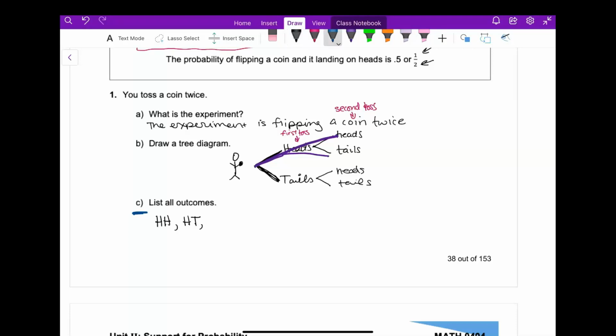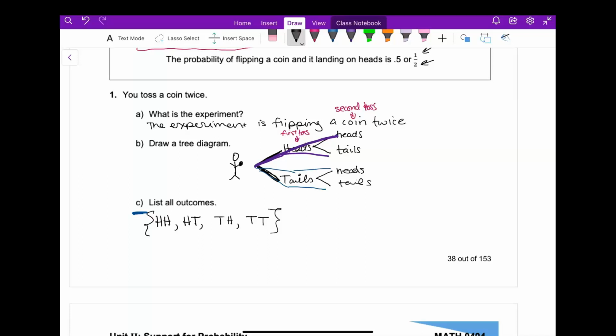Let's take a look at this one. If I had tossed tails the first time, tails, heads is one outcome. And then tails, tails is another outcome. Usually you'll see squiggly brackets like this. This is a set. It kind of just keeps all your answers together.